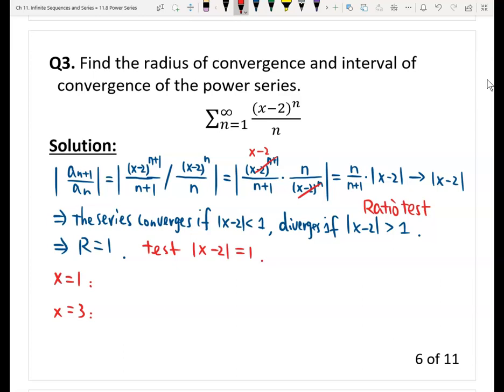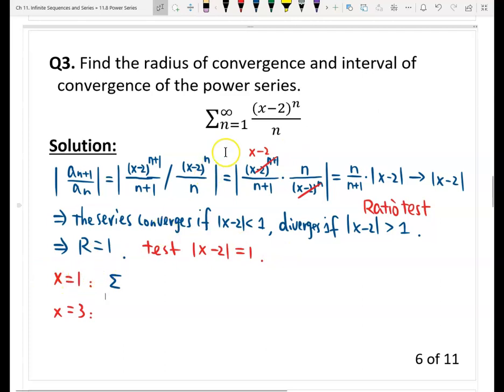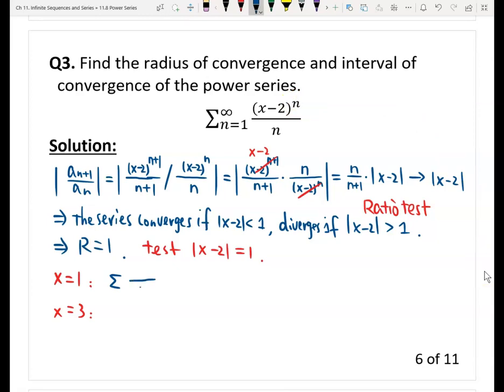For the first, what do we need to do? We need to plug x equals 1 into this power series. 1 minus 2 is negative 1, so negative 1 raised to the nth power this time. The series now is the sum of negative 1 to the nth power over n.